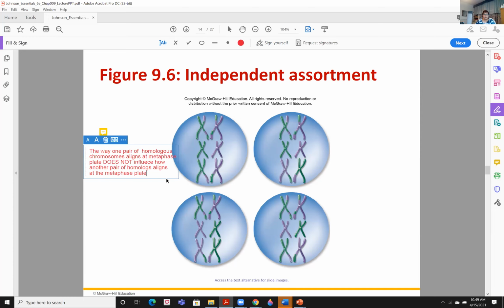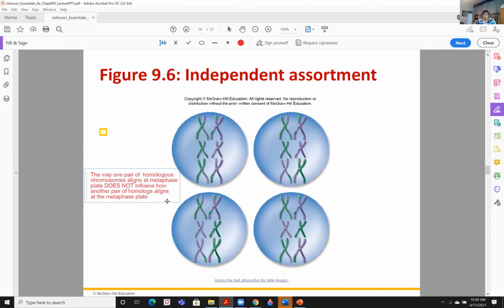So the way that one pair aligns doesn't influence, there we go, now you can see it all, does not influence how another pair aligns. So each one of these is a possible way that the 3 chromosome pairs could line up.